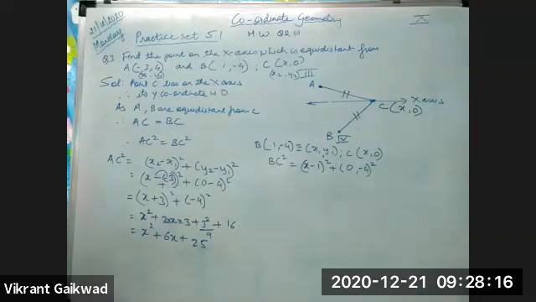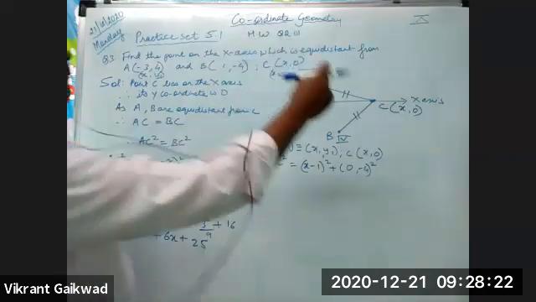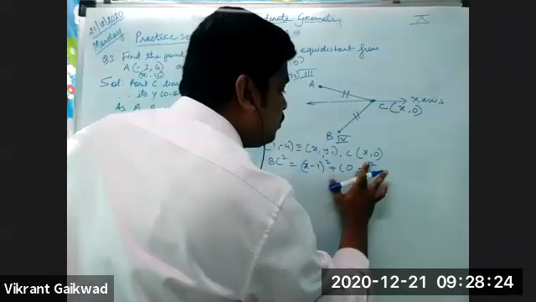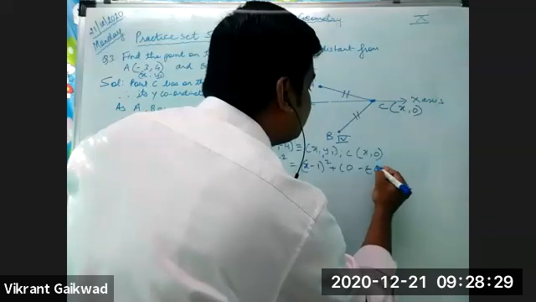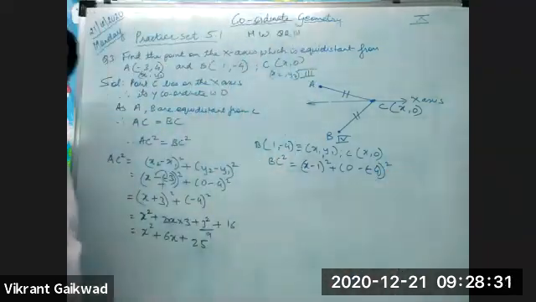Now here check whether I've written it correct. 0 minus 4. B is minus 4. So 0 minus of minus 4. Understand? The whole square.